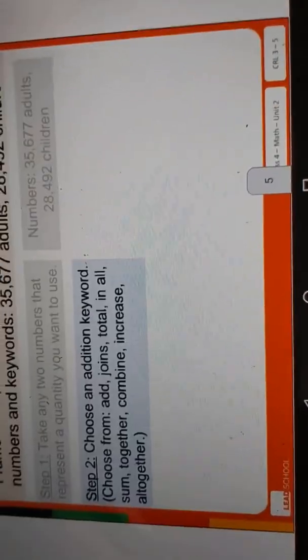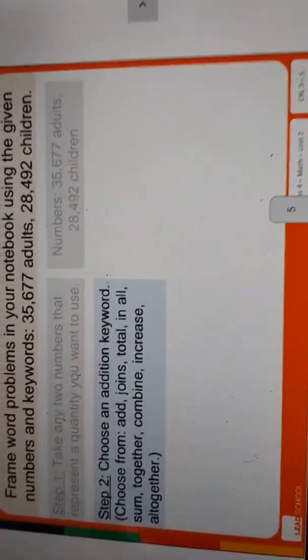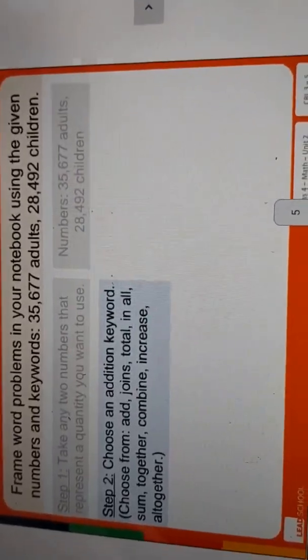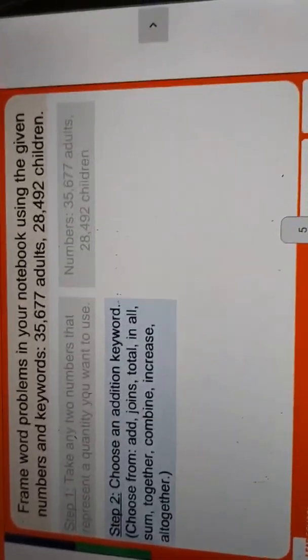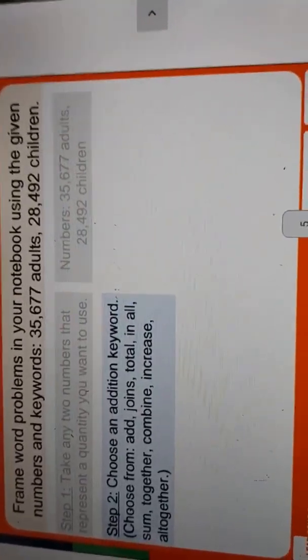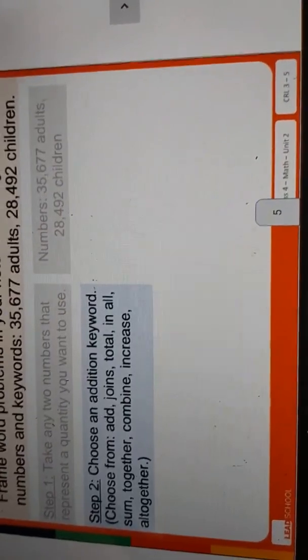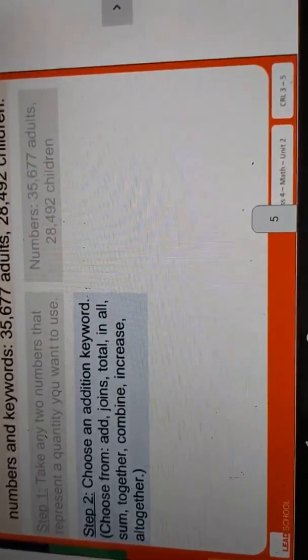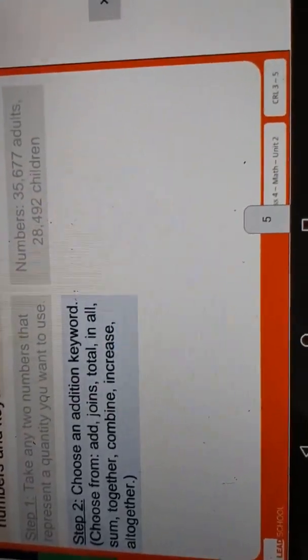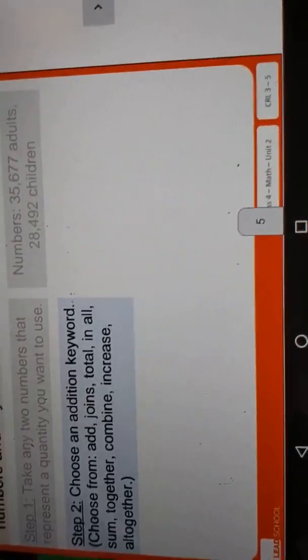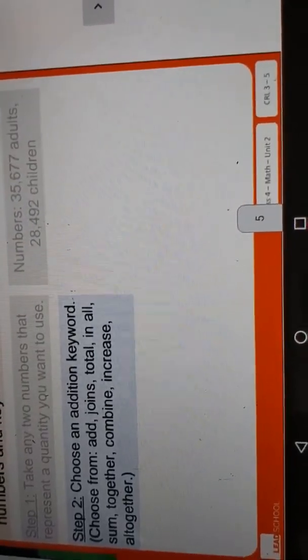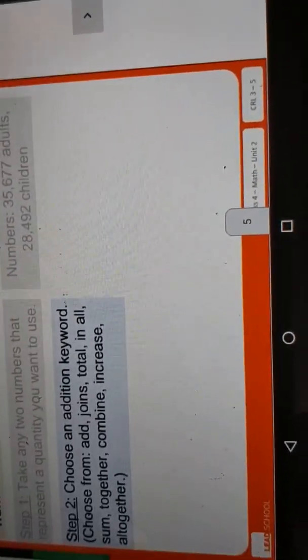So how do we find the addition? Now this is the sum we have to do in framing word problems. How do we identify that a word problem is addition or subtraction? Here are some keywords. If in a question there are keywords like add, join, total, in all, sum, together, combine, increase, all together, then these are the keywords of addition.